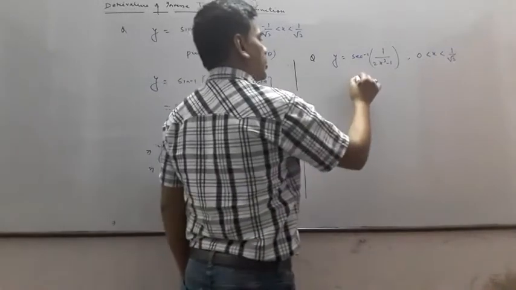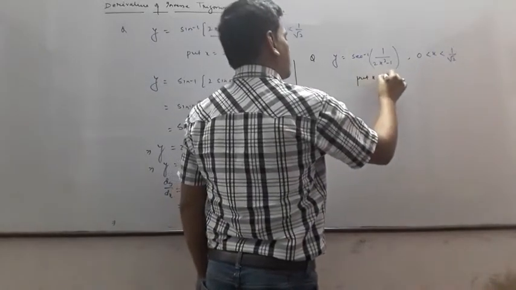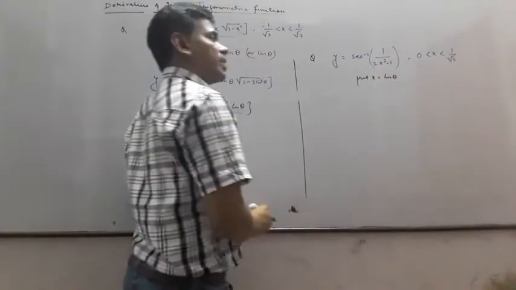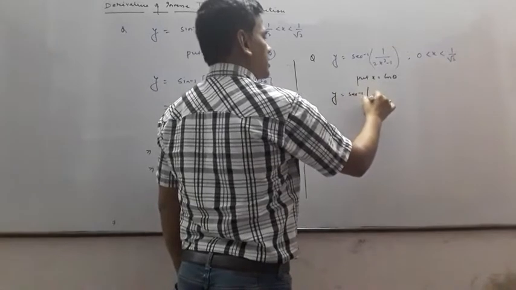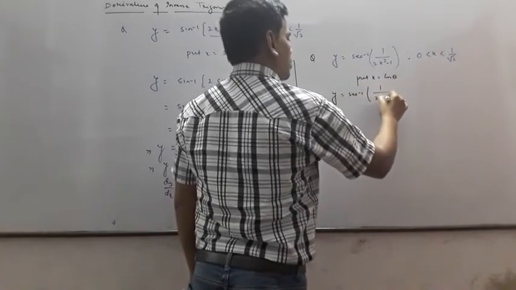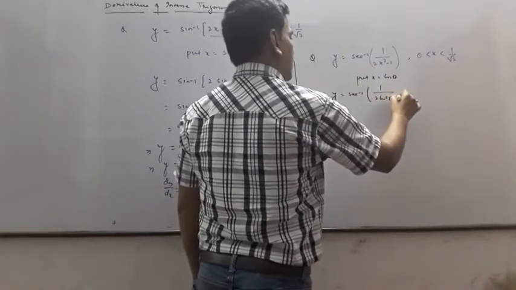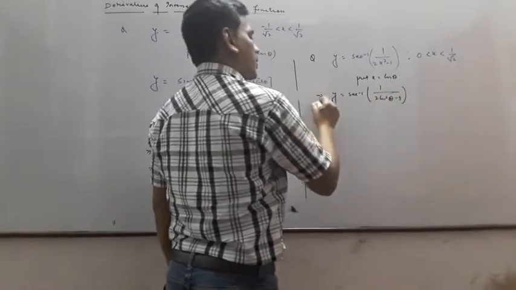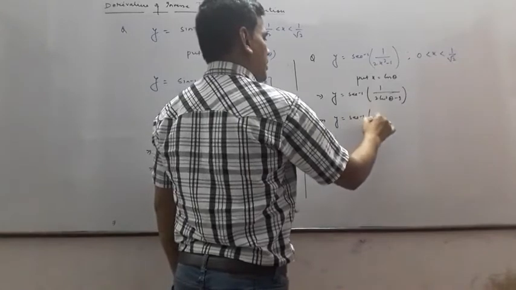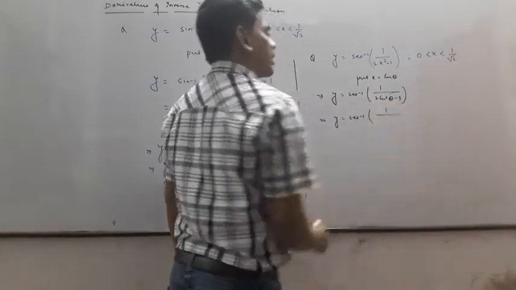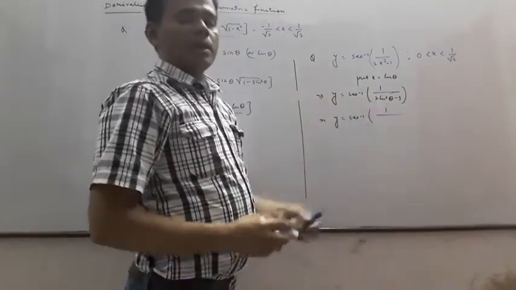So let's put x equal to cos theta. So y equals sec inverse of 1 by 2 cos square theta minus 1.